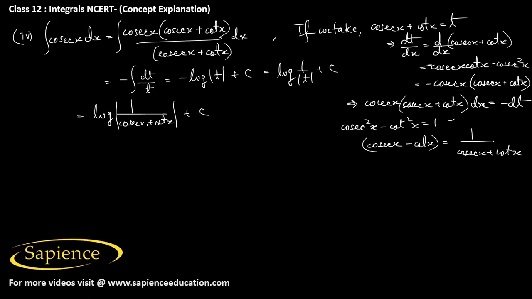Hence, this can be written as log of mod of cosec x minus cot x plus c. So this is the value of the integral cosec x dx.